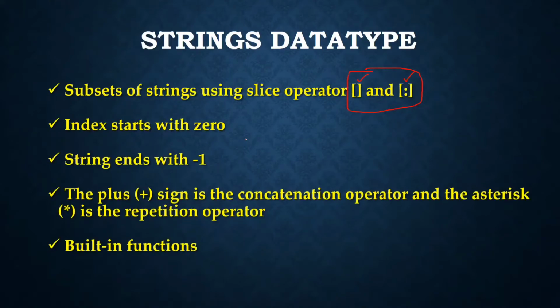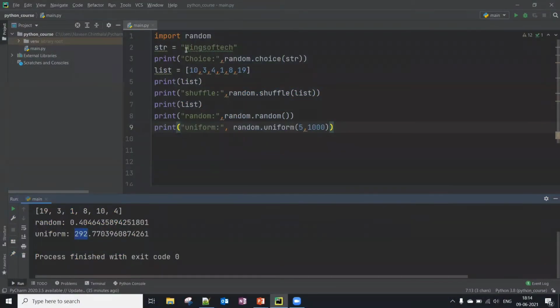And the index starts with 0. As I explained earlier, let's say if you have the string wings of tech, W is given index 0 and the next one index 1, like that. So index starts with 0.